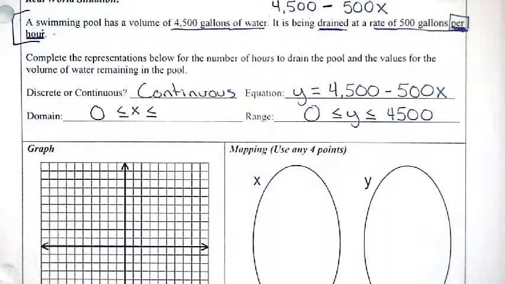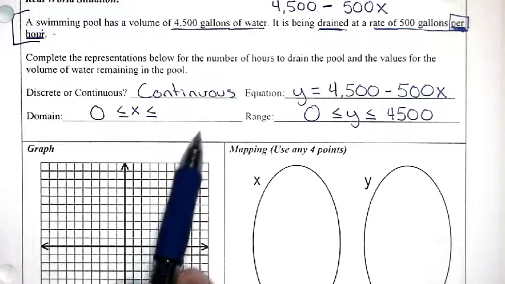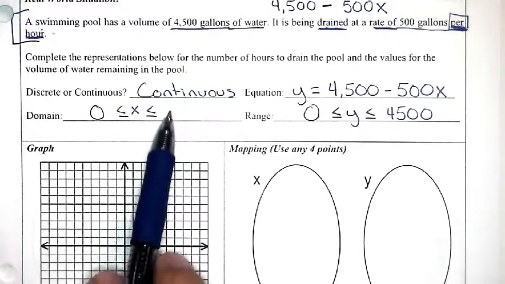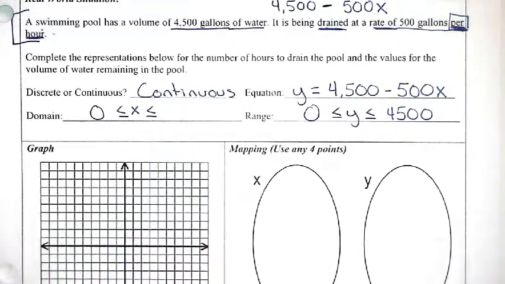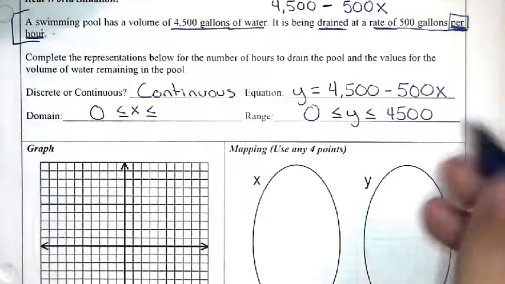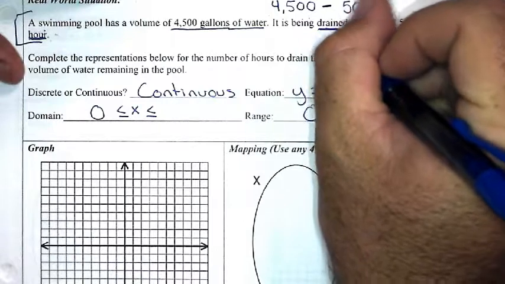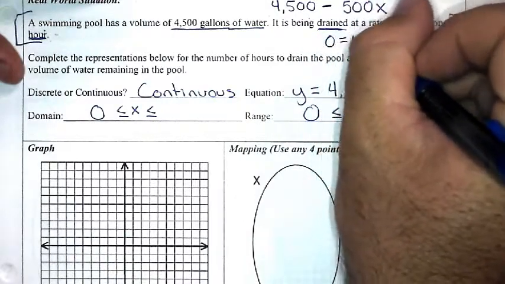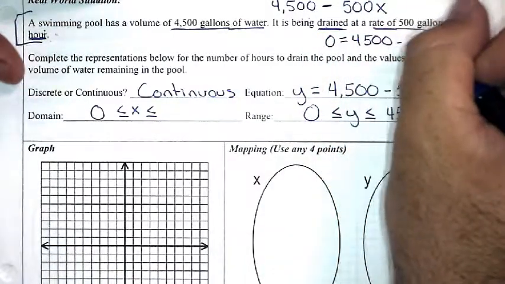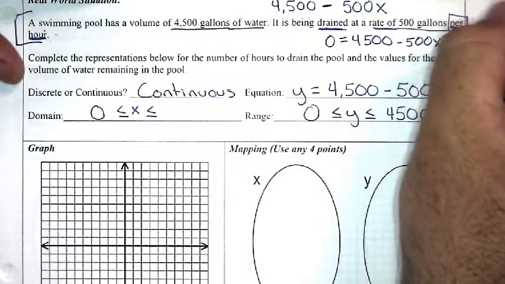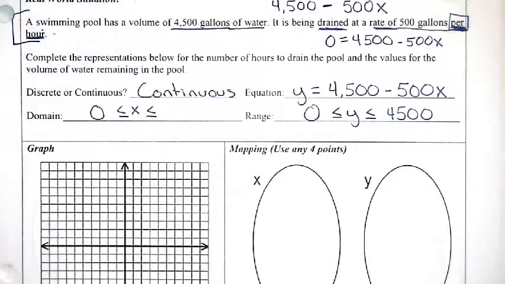How do I figure out the most amount of hours that it takes? It's very simple. You take your equation. Where you see Y, you're going to put 0 equals 4,500 minus 500 times X. And you solve it. The lowest Y value I got is 0.